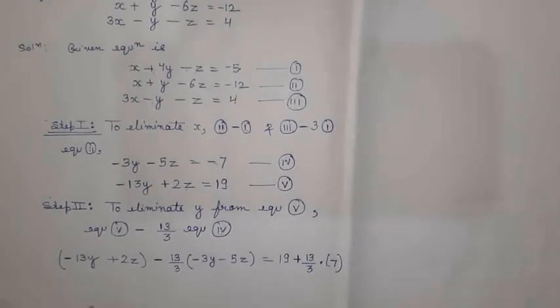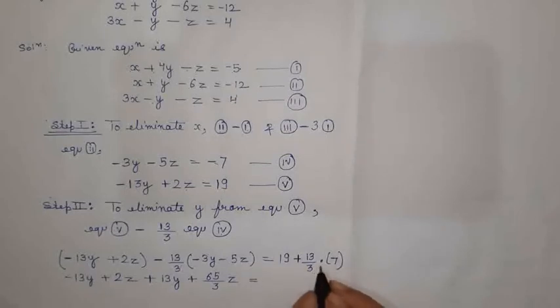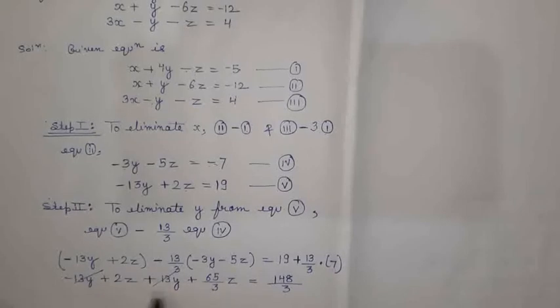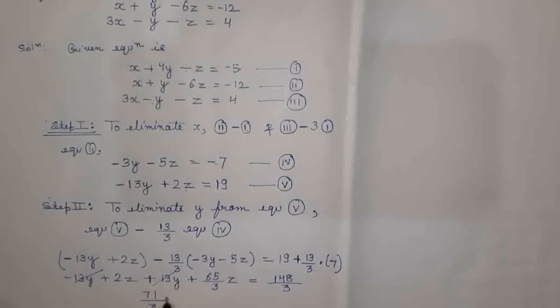If you calculate all this, you will get 2z, this 3 and 3 will cancel, minus plus 13y, 13 times 5 is 65 by 3 z, and here it will become 13. If you calculate all these things with the help of a calculator, then you will get 148 by 3. So this and this will cancel out. 13 twos are 26, it will become 71 by 3 z equal to 148 by 3.